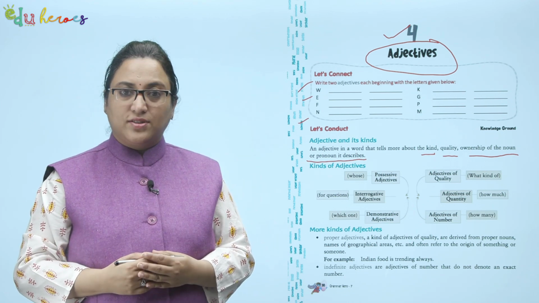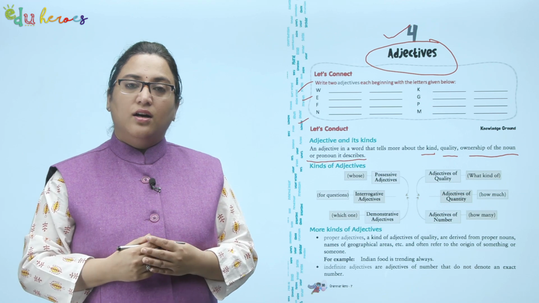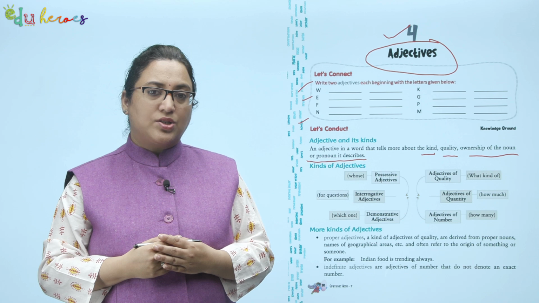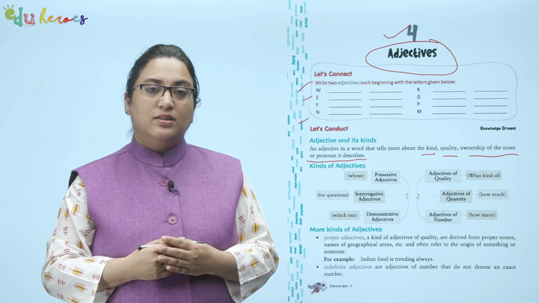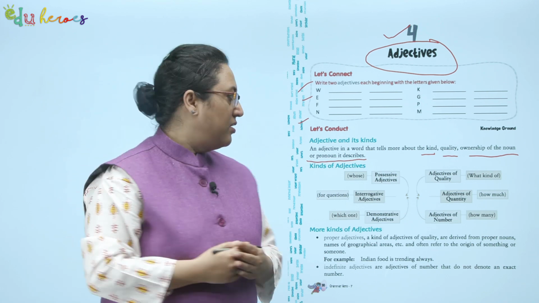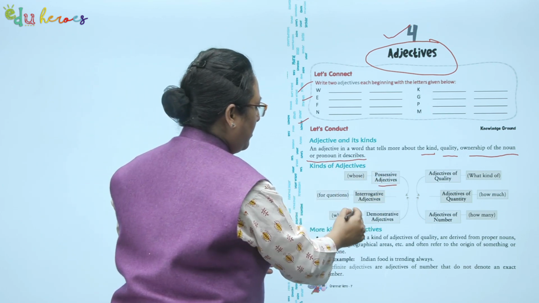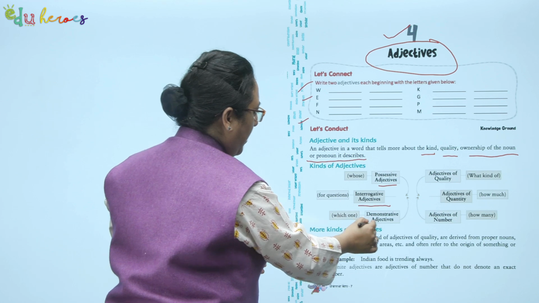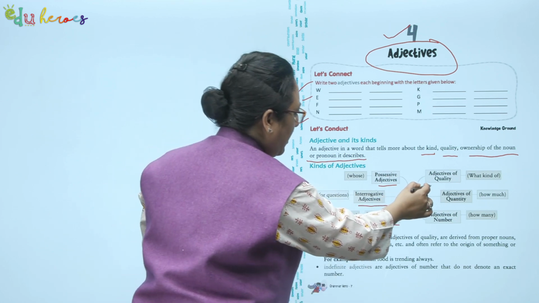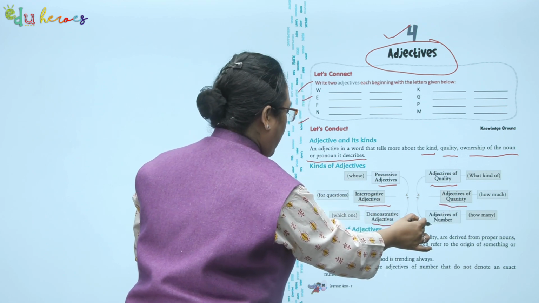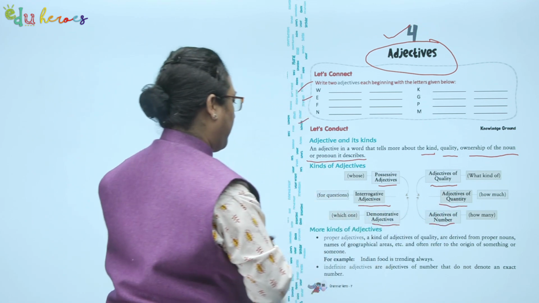Kinds of adjectives. So we can see a flow chart here or a mind map here which tells us about types of adjectives. We have possessive adjectives, interrogative, demonstrative, adjectives of quality, quantity and number.